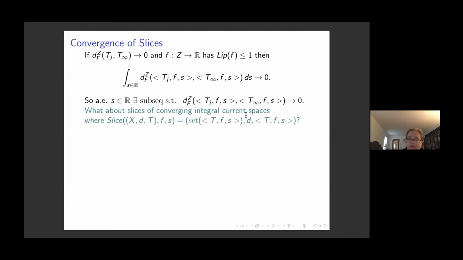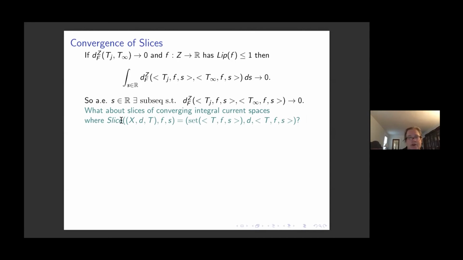But what about slices converging that are in integral current spaces? That was all sitting inside a metric space Z, but now we want to talk about sequences of integral current spaces. So I'm going to define the slice of an integral current space to be the set of the slice of the T for the integral current space, D, and the sliced integral current structure.